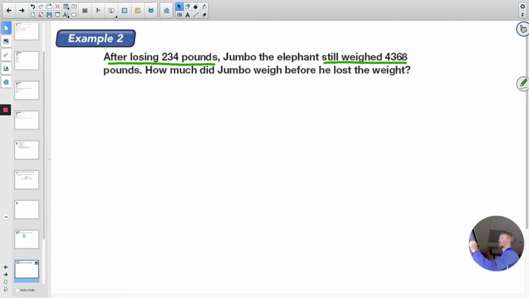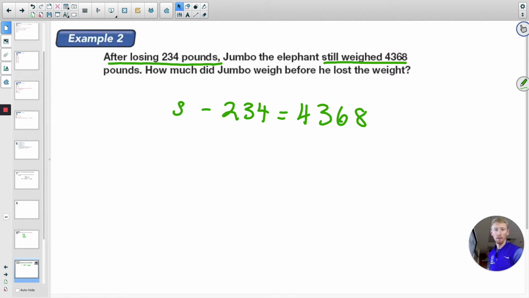So I know 4, 3, 6, 8. That's to the right of my equal sign. That's what's left. It also tells me what they lost. Some went away. 234 went away. So I had some.